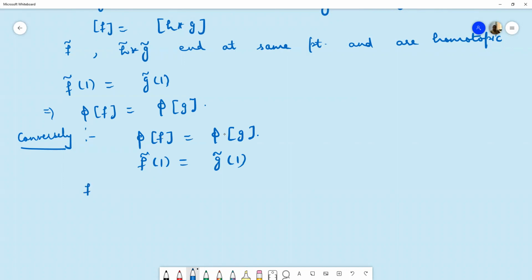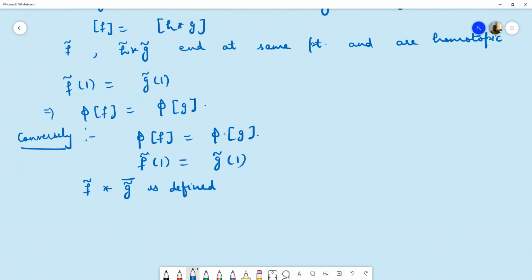It means f curl star the reverse of g curl. This product is well defined because the end point of f curl and the end point of g curl are the same. It means the end point of f curl and the starting point of the reverse of g curl are the same, so this product is well defined.